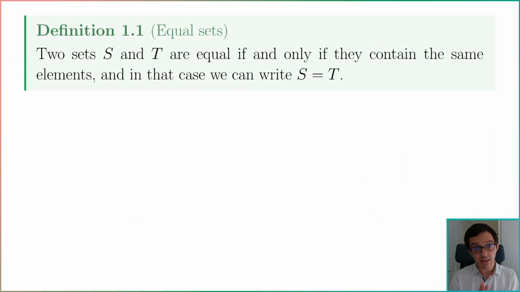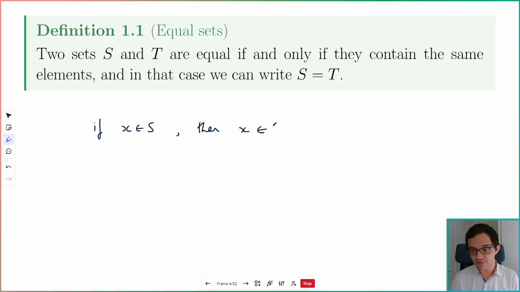We say that sets are equal if they have the same elements, and one way of saying this is that if x is an element of S, then x is an element of T, and the other way round. If x is an element of T, then x is an element of S. If you have both, then your sets are equal.